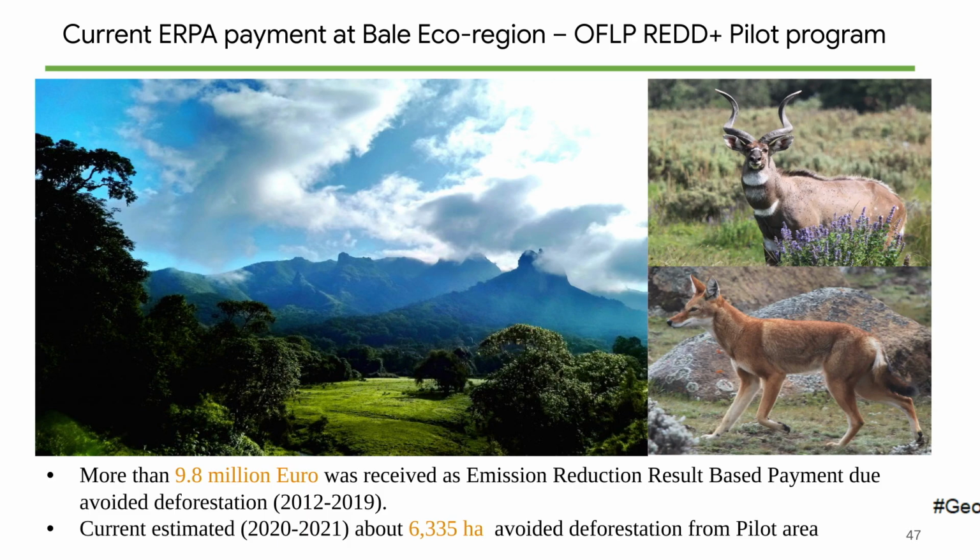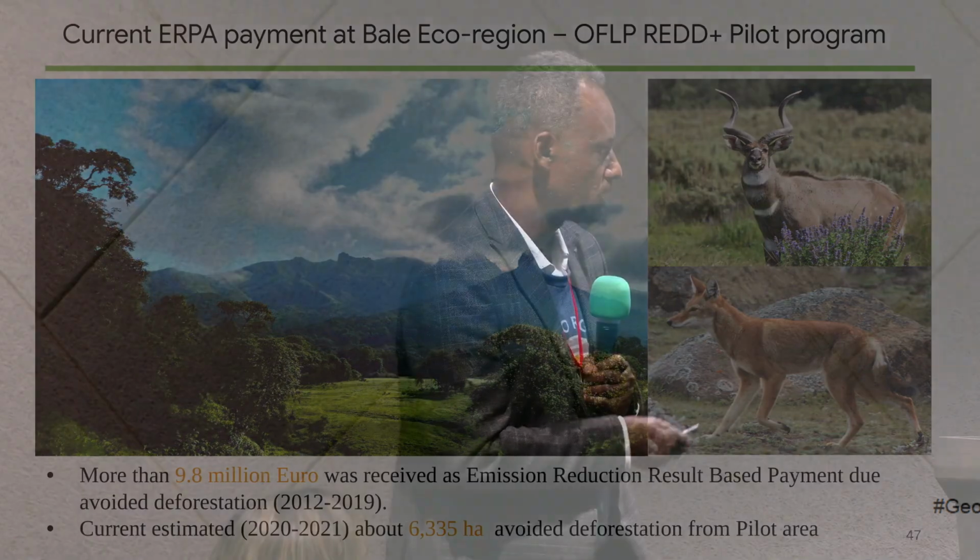We calculated and received about 9.8 million euro for the communities engaged in protecting this area. Currently, for 2020 to 2021, we also calculated 6,000 emissions avoided from deforestation in this area. We are negotiating with carbon buyers.